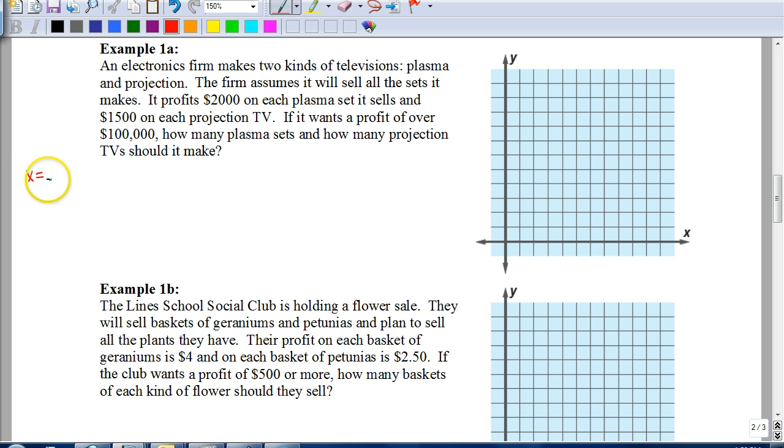Well, since we're dealing with plasma TVs and projection TVs, it doesn't make sense for me to use P for my variable. So I'm just going to use X and Y. I'll use X to represent my plasma TVs, and Y to represent our projection TVs.